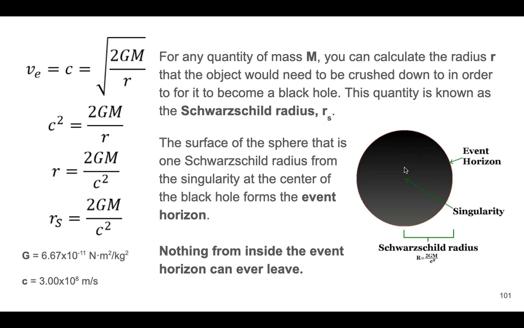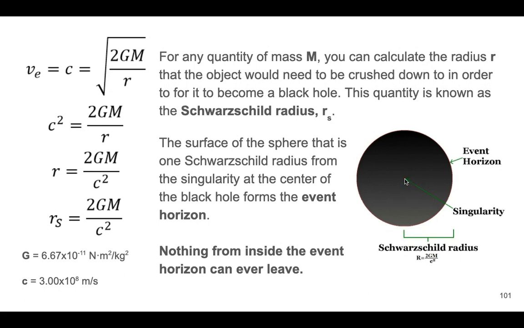So at the center of a black hole, you have what's called the singularity. It gets confusing, but basically this is where all of the mass of the black hole actually is, which is far more confusing than that, but that's the simple answer. So we're going to say all of the mass is here. 1 Schwarzschild radius away in every direction is really nothing.